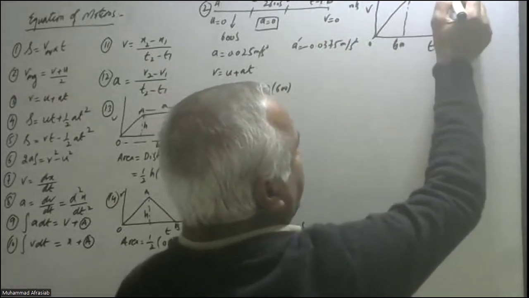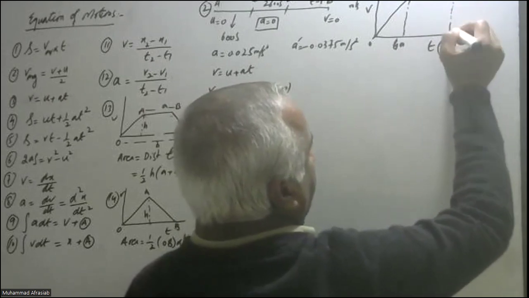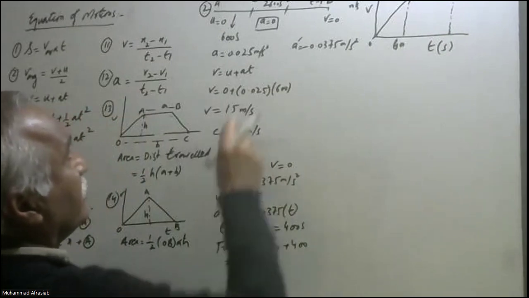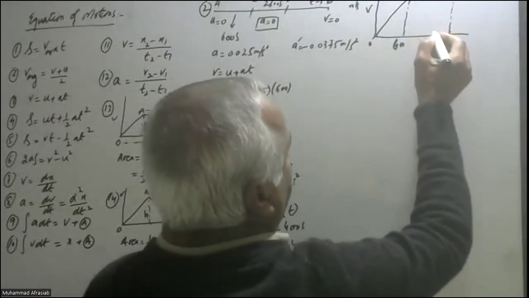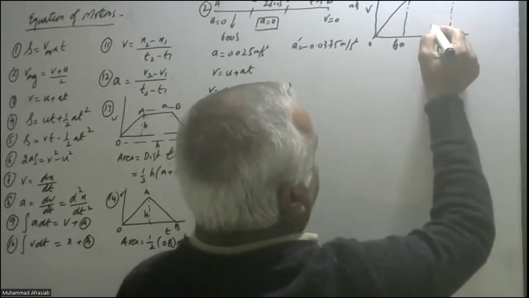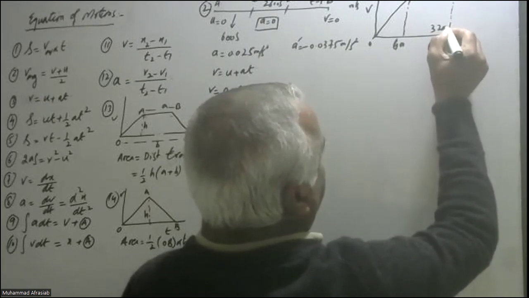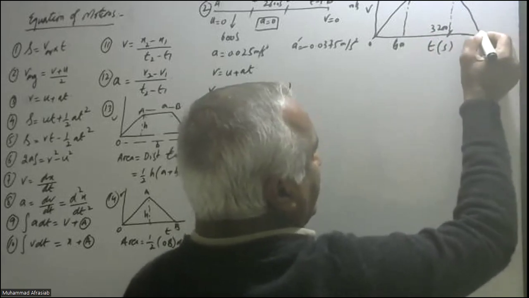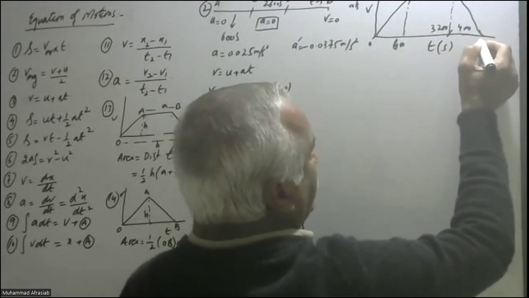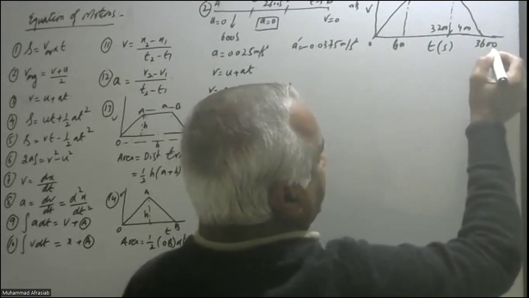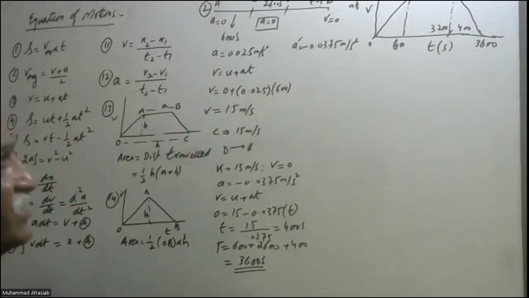Then for the next stretch, it is this position, and the distance between these two is 2600 seconds. So this is equal to 600 plus 2600, that is 3200. And then it has the retardation for the last 400 seconds. So this will become 3600. So this is the velocity time graph for this journey.